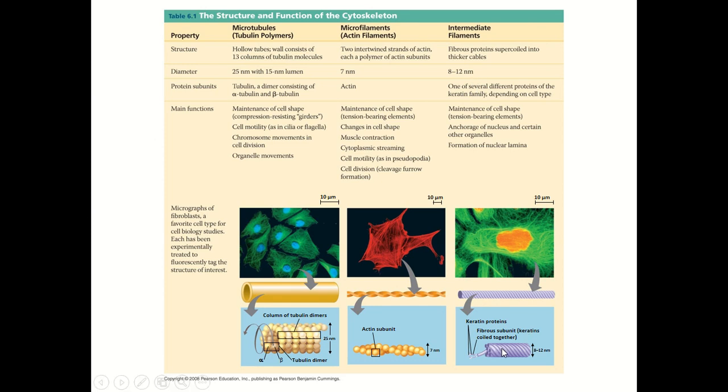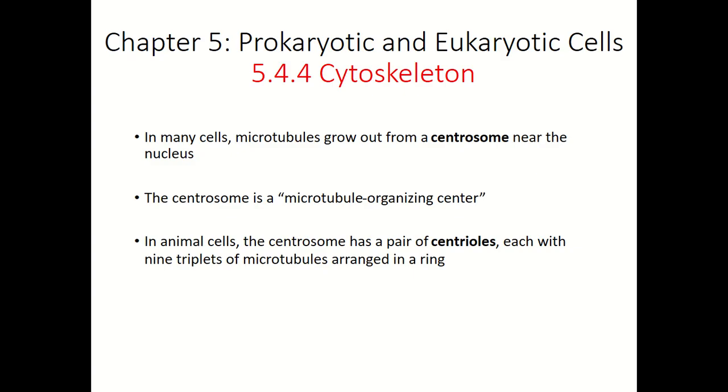One of the proteins that make up the intermediate filaments is keratin, which can also be found inside your hair. Its main function, of course, is to maintain the cell shape, as the anchor for the nucleus and also other organelles, and it is also responsible for the formation of the nuclear lamina on the nucleus.